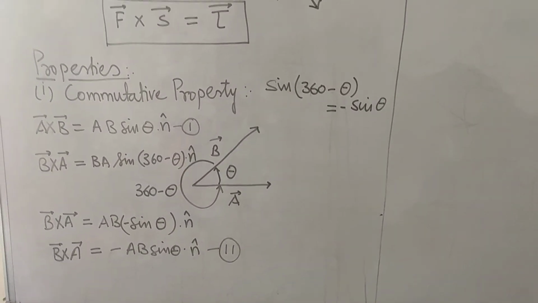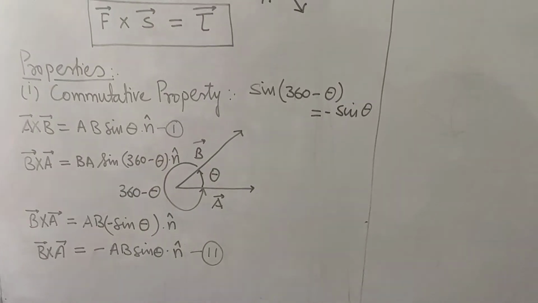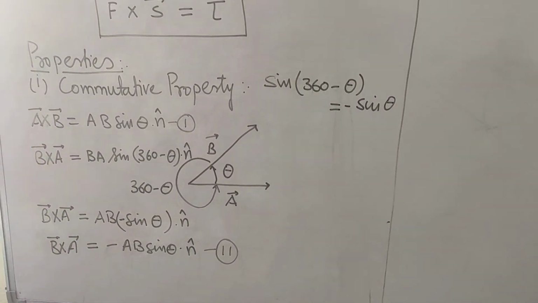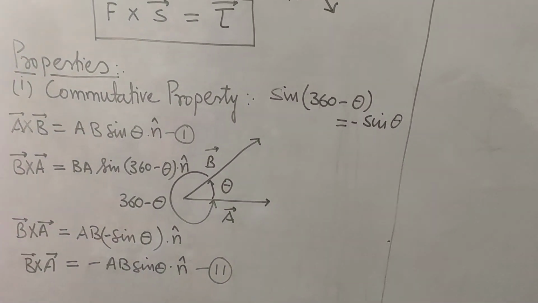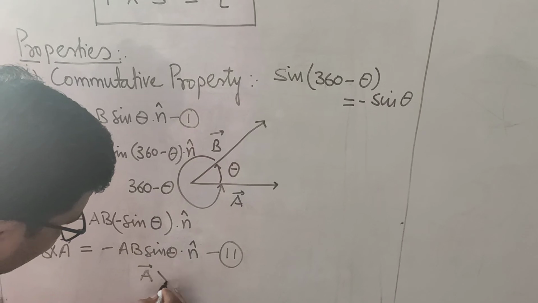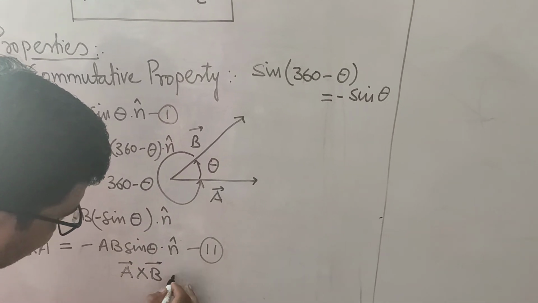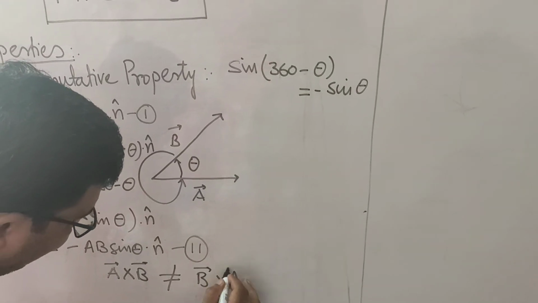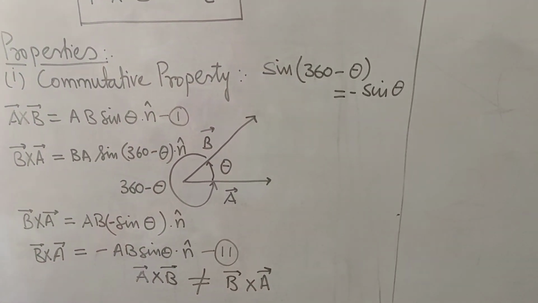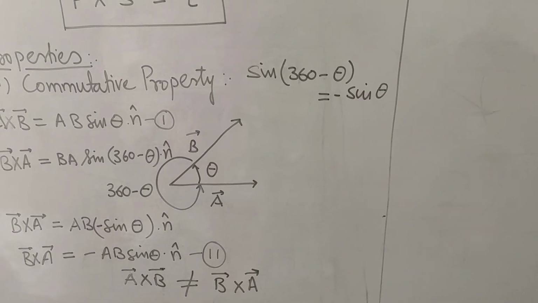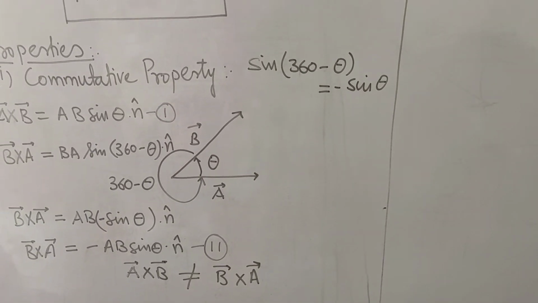So from equation 1 and equation 2, we can see that A cross B is not equals to B cross A. Minus sign is reverting the direction. So A cross B is not equals to B cross A.